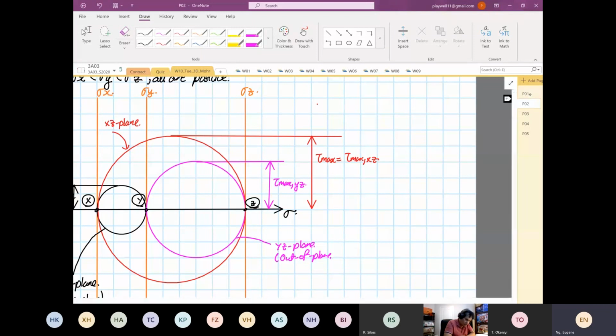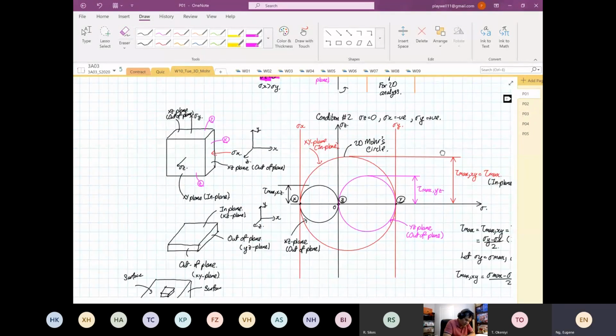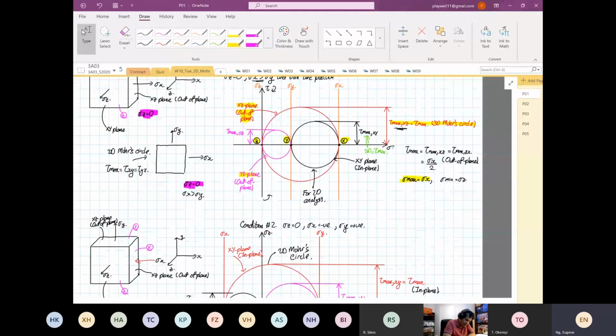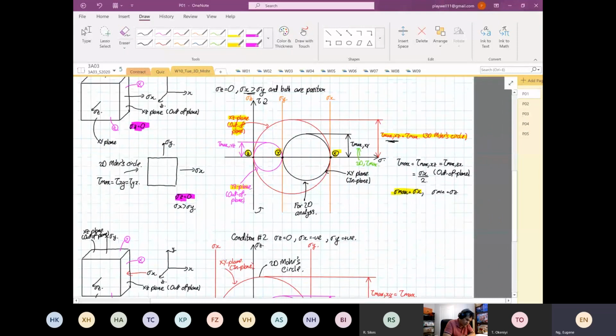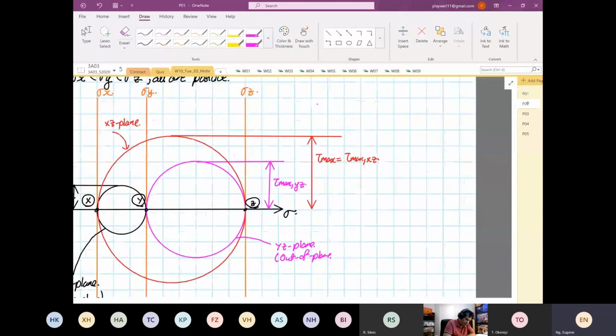Okay, so if you look at the one before, right, the first condition is also in the XZ plane. The third condition is also at the what? XZ plane.